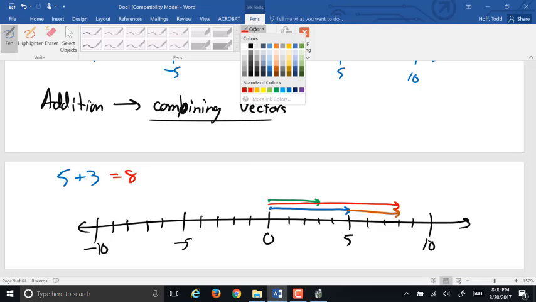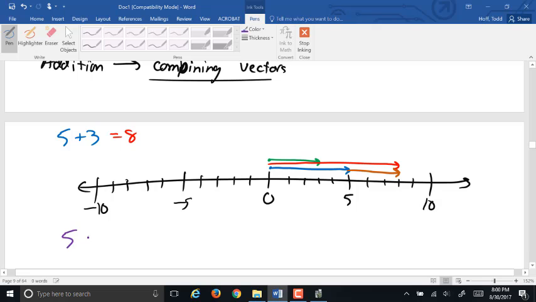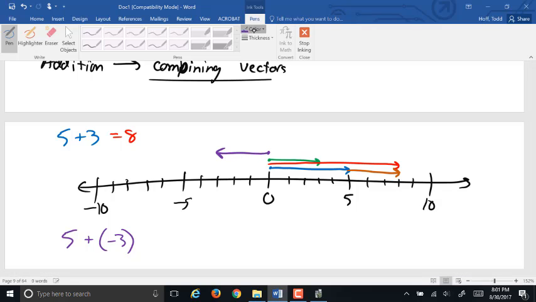Well, we kind of knew that without drawing that picture. But what if the problem was 5 plus a negative 3? Negative 3 starts at 0 and goes to negative 3, like that.